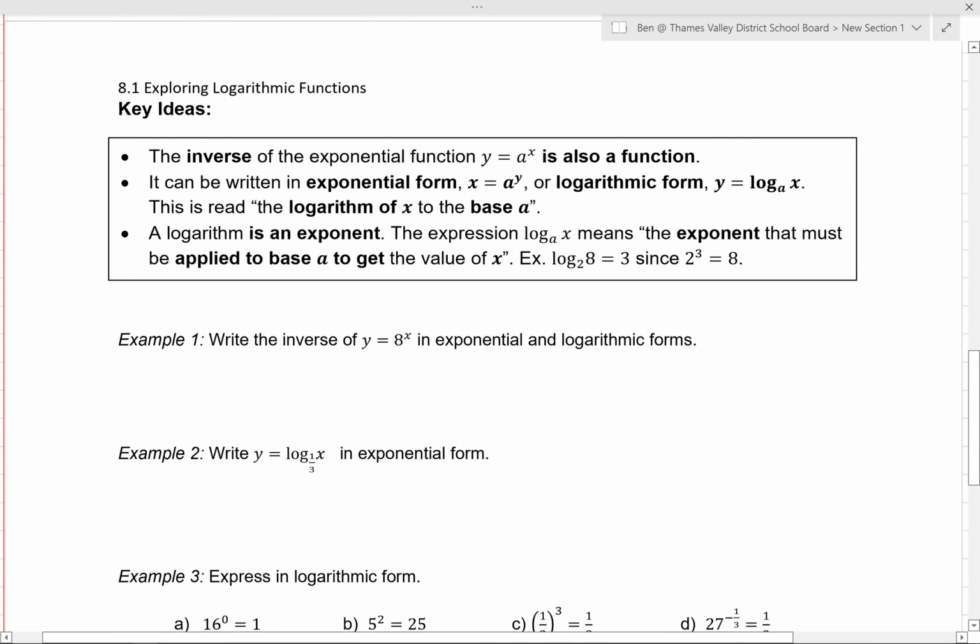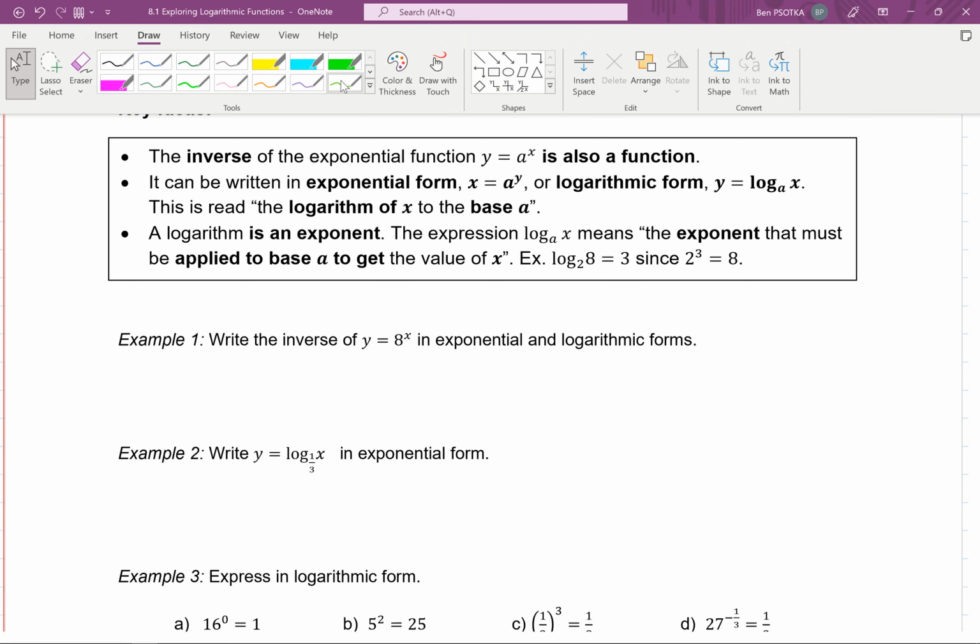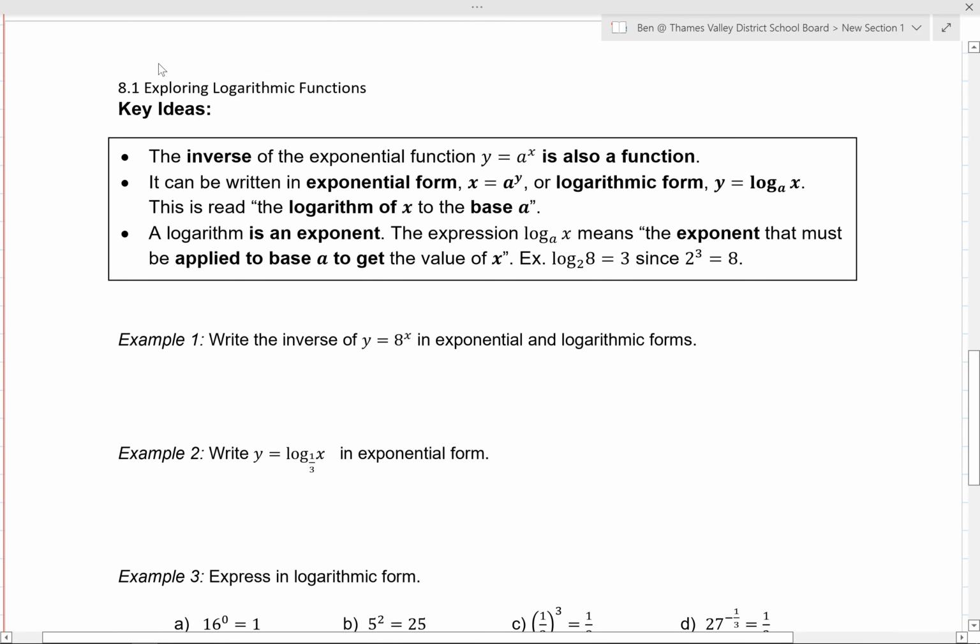Okay, well, here what we are discovering is the logarithmic function. The logarithmic function is the inverse of an exponential function.